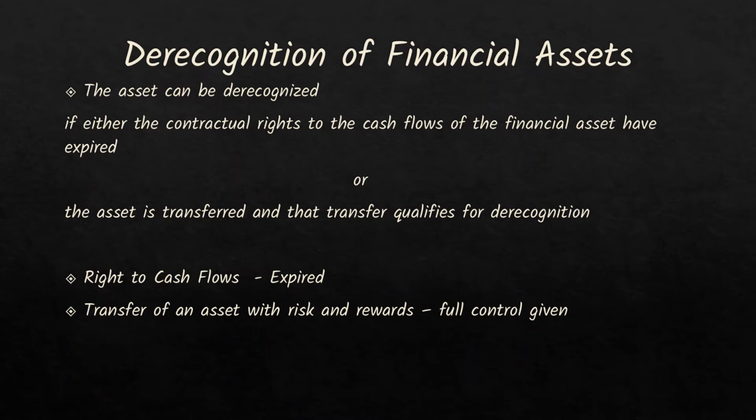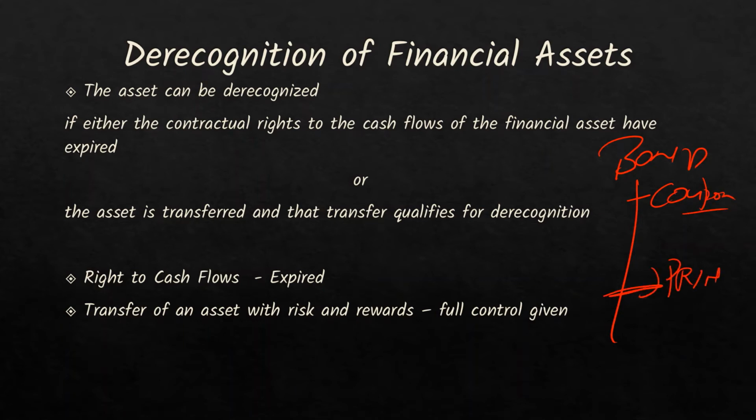You have a bond, you are getting coupons on it, and on maturity you get the principal and the last coupon payment.